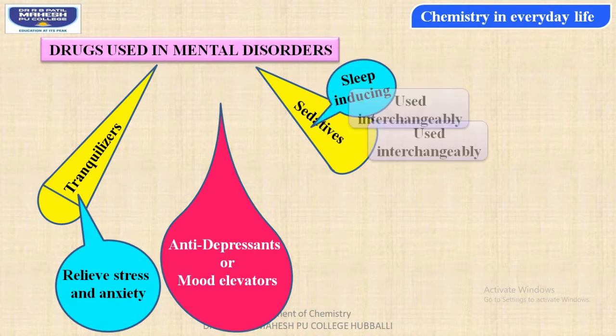Thus students, tranquilizers and sedatives can be used interchangeably. That is, when CNS activity is low, then the antidepressant or else mood elevators such as the tranquilizer can be given, whereas when the CNS activity is relatively high, so we can give sedatives.